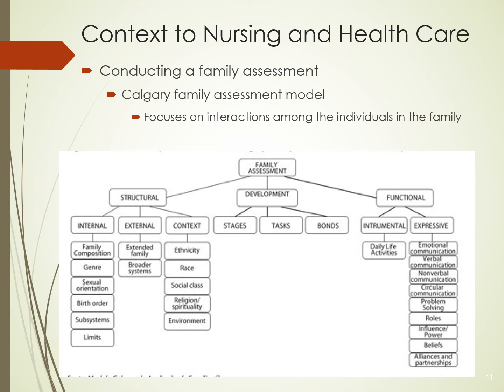It looks also at a developmental assessment that will include looking at what stage the family is at, such as childbearing years or retirement years, along with the tasks that are associated with it and how the bonds are developing based on the developmental stages and the family members. And the third part of it is a functional assessment that will examine the family's ability to perform essential functions.